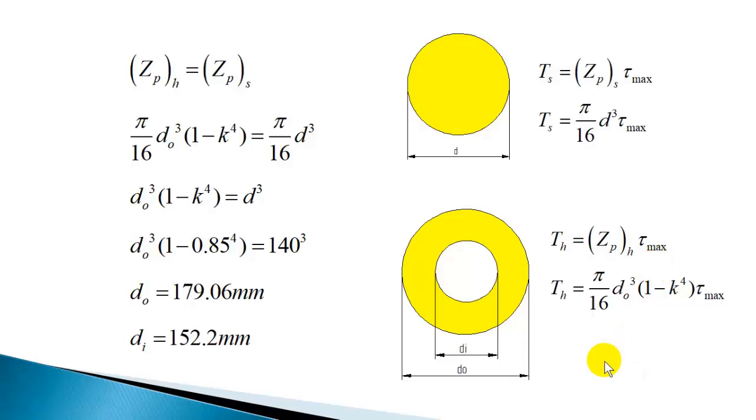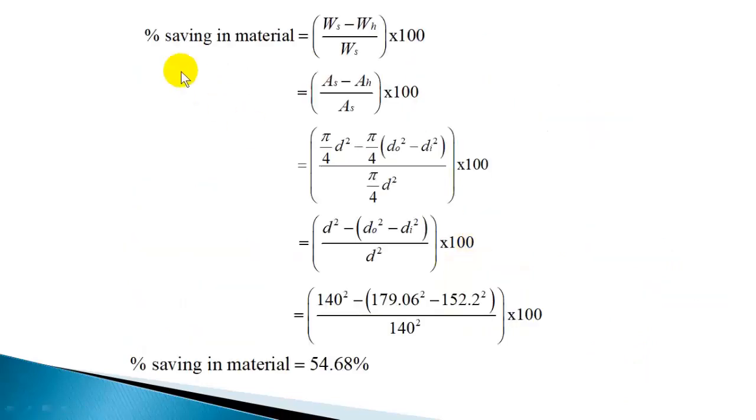Now let us find out the percentage saving in material. Percentage saving in material is weight of solid shaft minus weight of hollow shaft divided by weight of solid shaft into 100, and weights are proportional to areas, so you can use this equation. So area of solid shaft is pi by 4 d square, area of hollow shaft is pi by 4 into d naught square minus di square, divided by area of cross section of solid shaft.